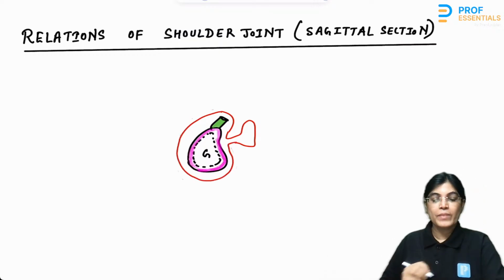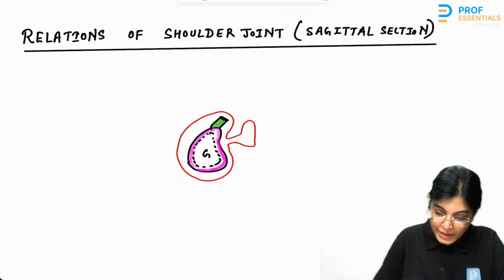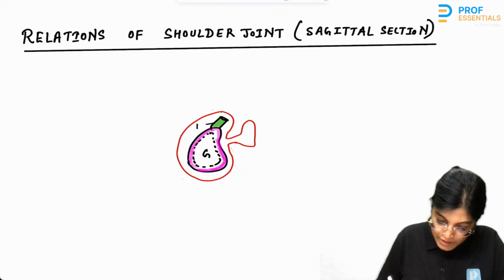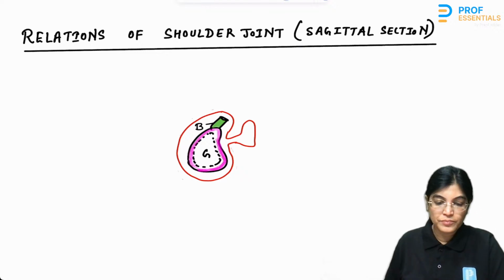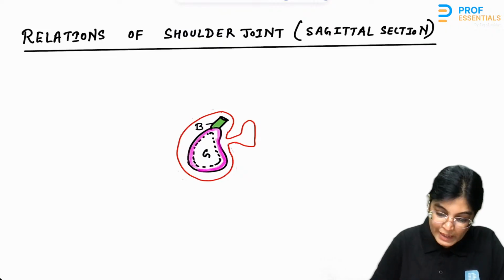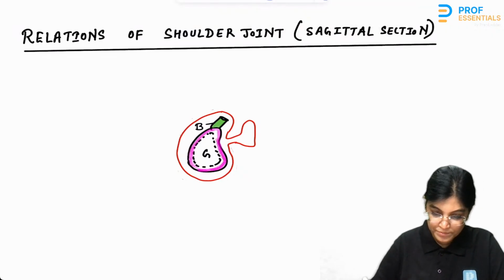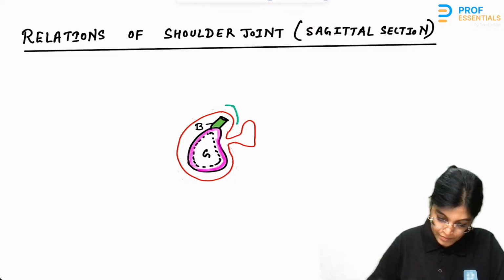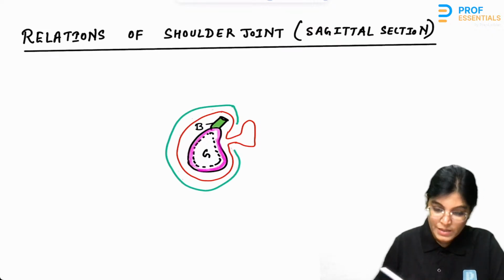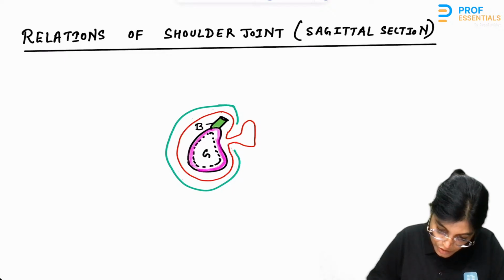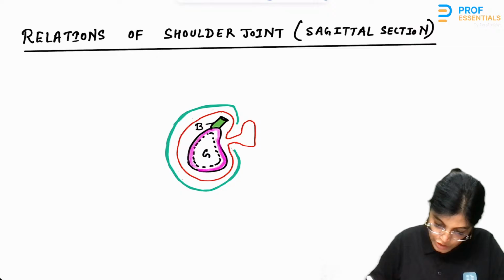Here I will just write B because B means biceps tendon. And outside this, with the green color, I am going to make the fibrous capsule. We are more concerned here about the relations, so just an outline to make you understand that this is the shoulder joint cut section.